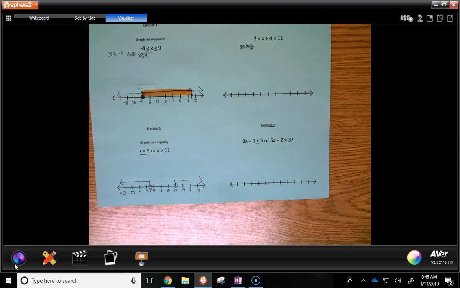If I look at this one, what was the difference from example 1? Jackson? Example 1 only has one variable.